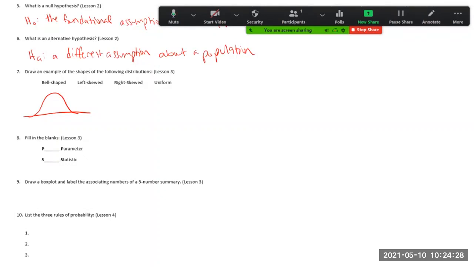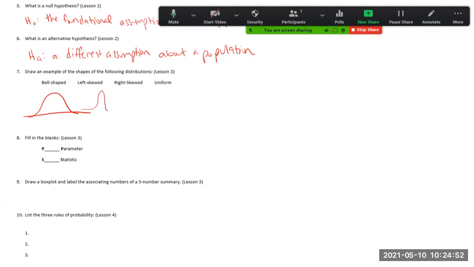Left skewed and right skewed can get easily mixed up. Remember that the left skewed has few in the left tail. It looks something like this.